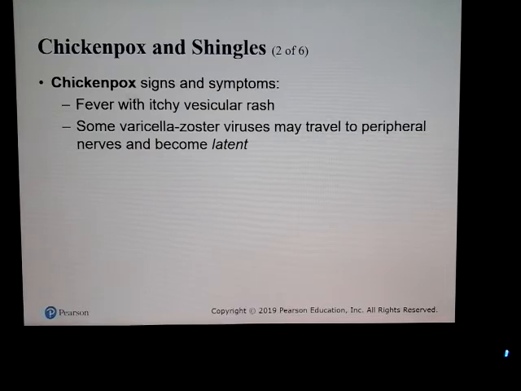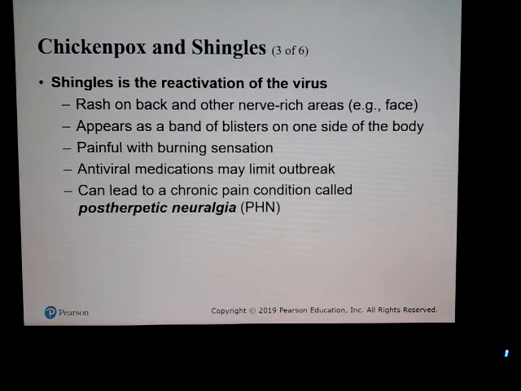So you'll have a fever with a lot of itching that happens. And a lot of times, guys, what happens is that the virus will go to your peripheral nerves and become latent. So later on in life, guys, this will activate again, and then you've got what we call shingles. So again, shingles is reactivation of the virus.